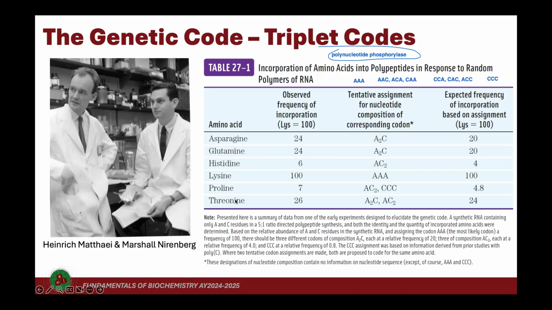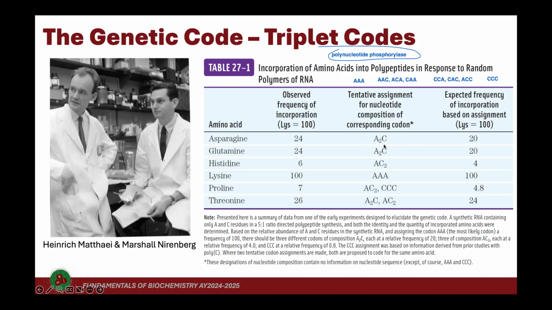Okay, so for these three amino acids, notice that the assignment of the nucleotide composition of the codon is A2C. So at this point, they cannot say the sequence of the codon. The only thing that they can say is the composition.